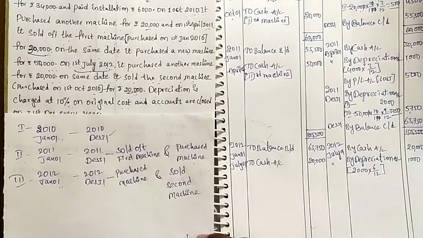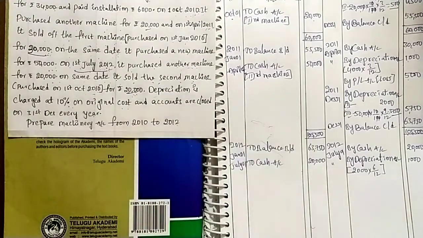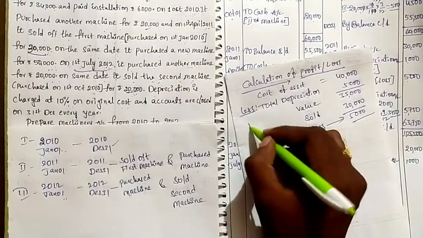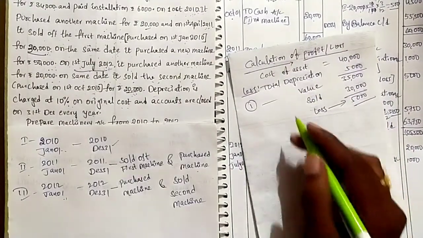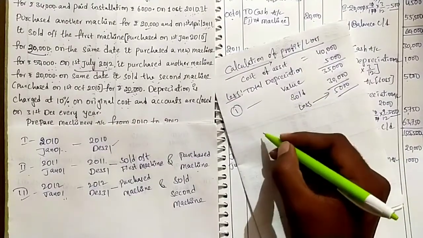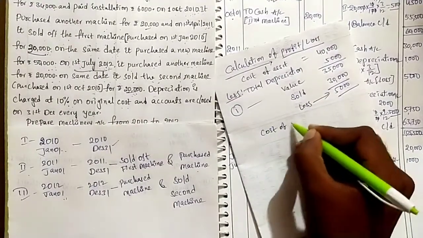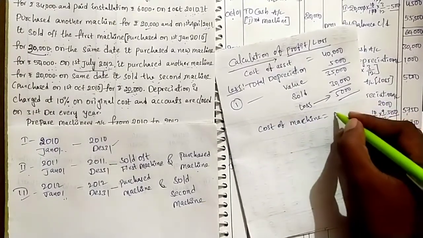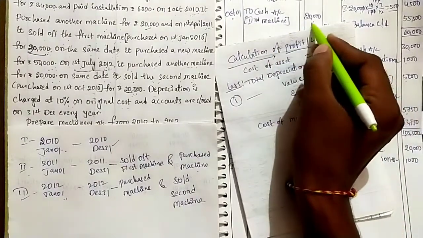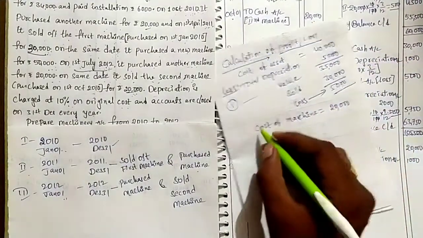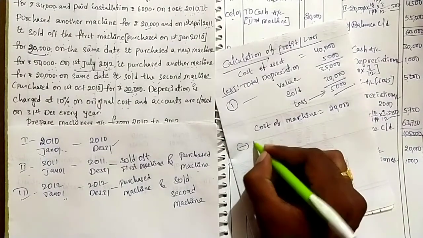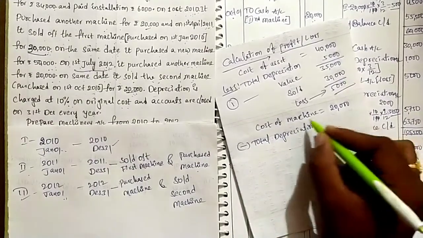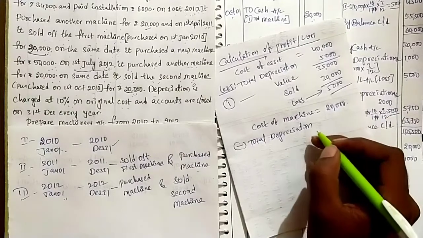Again, at the time of sale of machine we have to calculate profit or loss. See this, this is the first machine calculation part. Next, for the second machine, what is the cost of machine? Cost of machine is 20,000. So we provided depreciation, which has to be deducted. Total depreciation: cost of machine 20,000 less total depreciation.